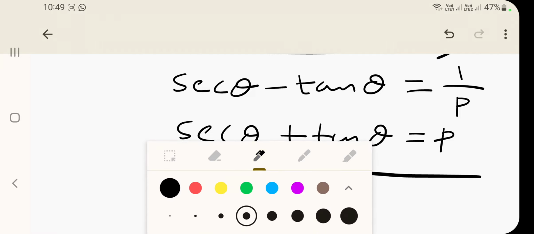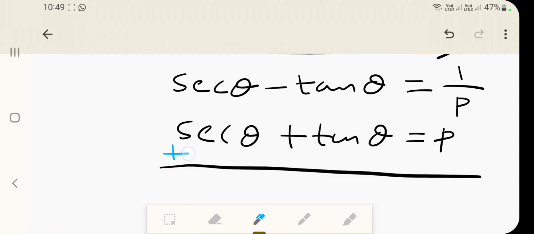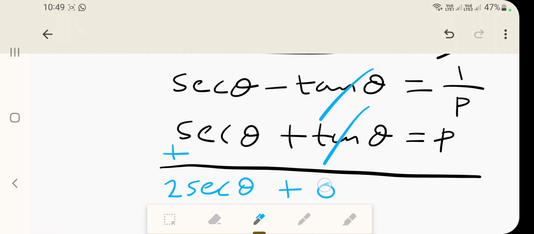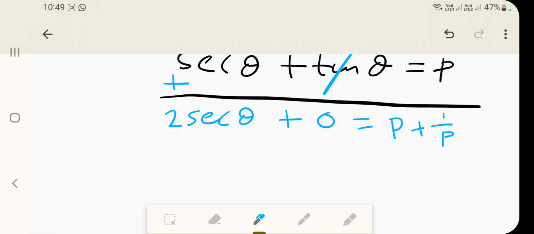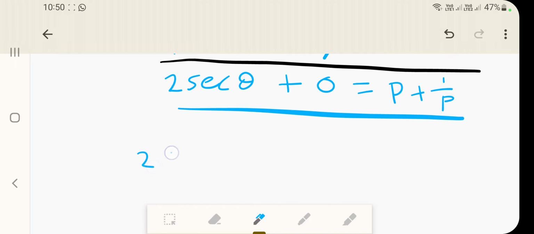If you add these two equations, secant theta plus secant theta gives 2 secant theta, and tan theta minus tan theta gives 0. On the right we get p plus 1 by p. So 2 secant theta is equal to p plus 1 by p.